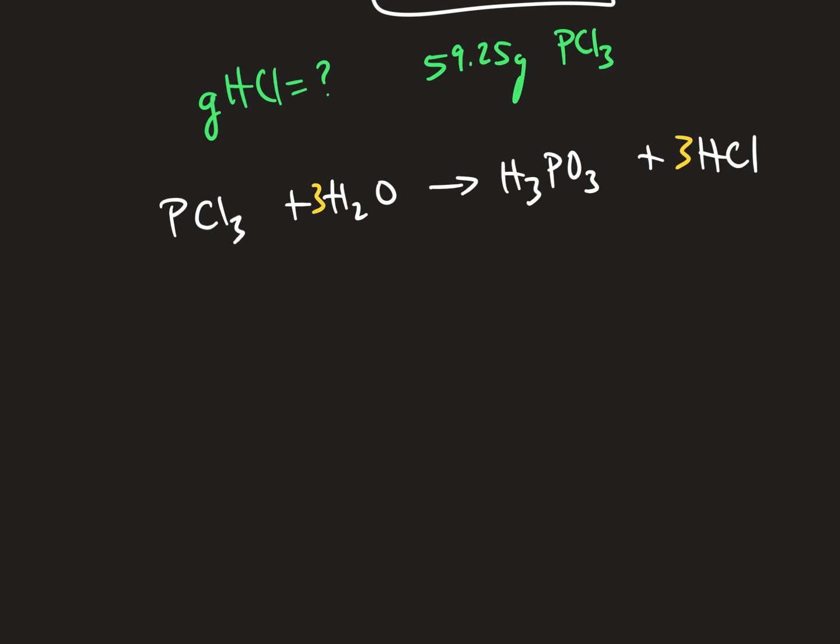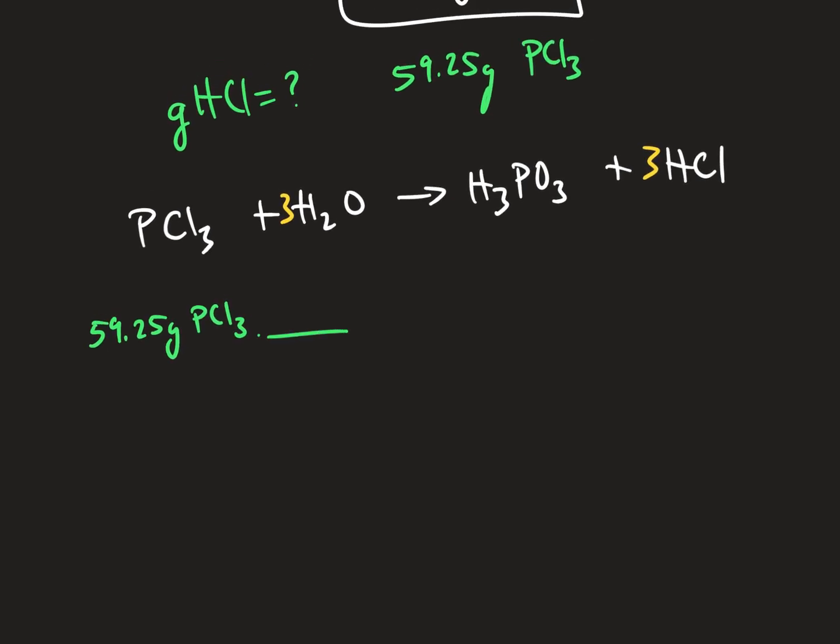Where do we start? We have our balanced equations, so where do we start? 59.25 grams of PCl3. And we're going to convert that to moles of PCl3.